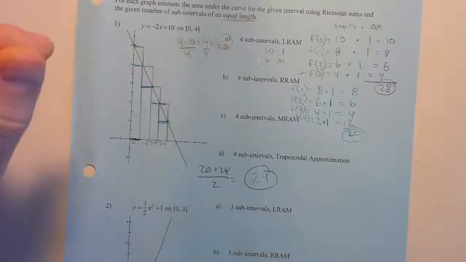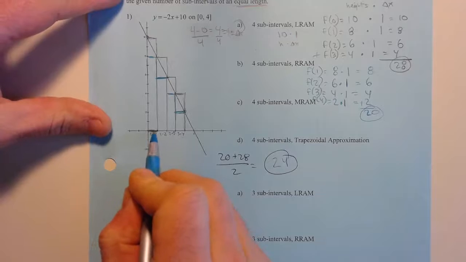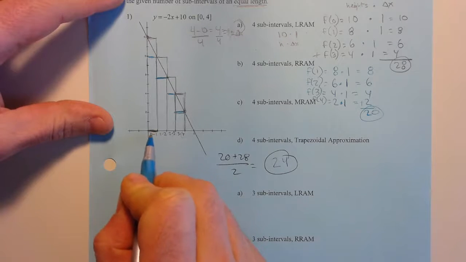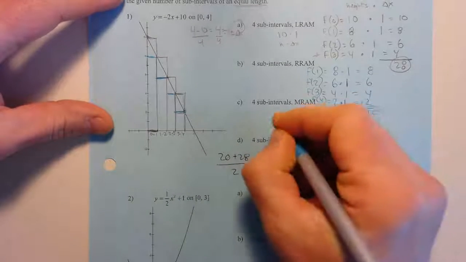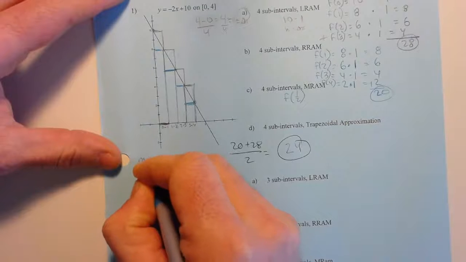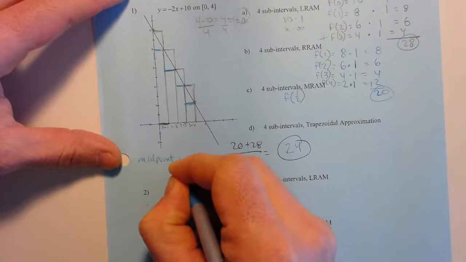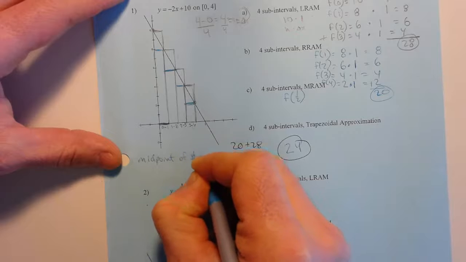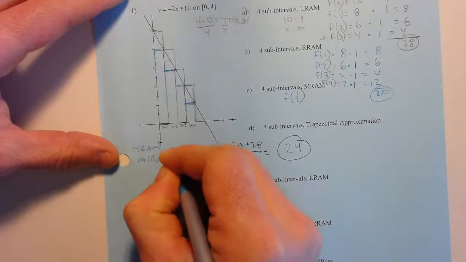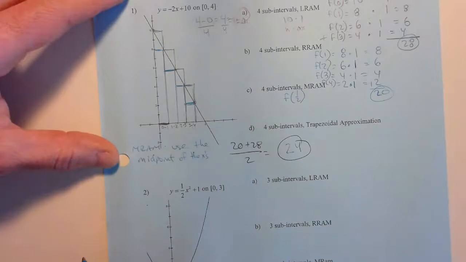Now let's do midpoint. For the midpoint, look at the interval between 0 and 1. What's the midpoint of the x value? It's 0.5 or half. So for MRAM, that's midpoint of the x's. MRAM, use the midpoint of the x's.